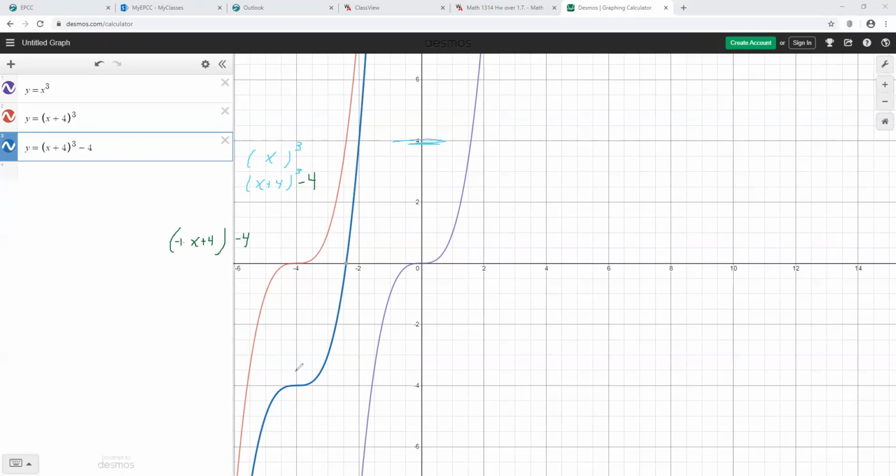So for example, Megan, take this point right here. When we reflect it over the y-axis, here's the y-axis. How far is this point from the y-axis right now? 2 units?